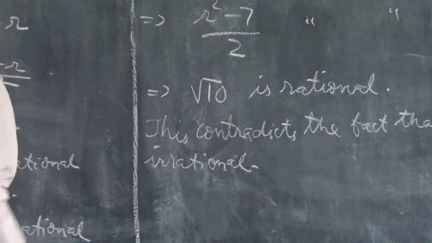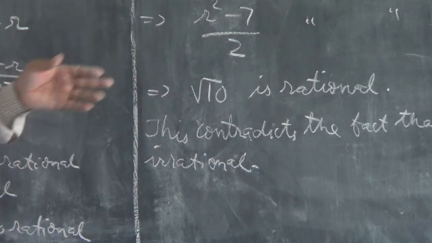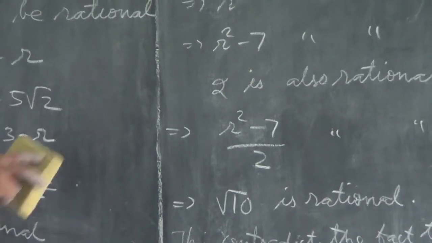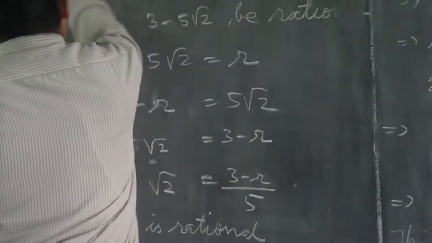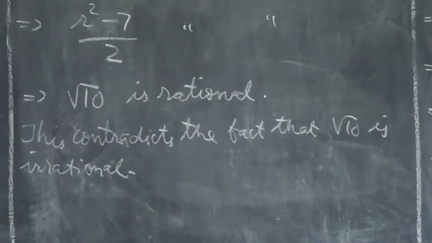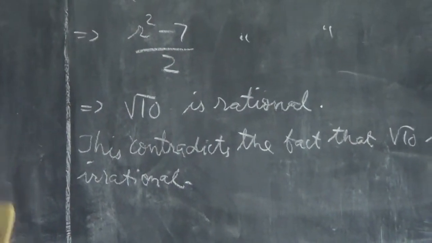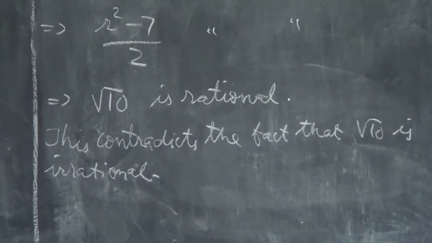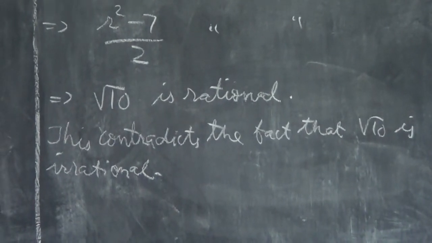So we can write our assumption is wrong. And hence root 2 plus root 5 is irrational.